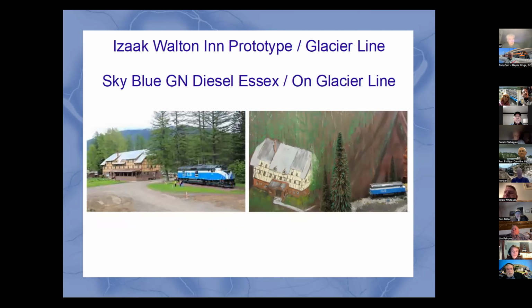The Isaac Walton Inn I talked about was used to house railroad crews. The construction started in 1937. It was finally finished in 1939, and actually it was a subsidiary of the Great Northern Railway that built it. It was the Addison Miller Company. And that building passed through many hands, many years through contracts, and even into the 1990s.